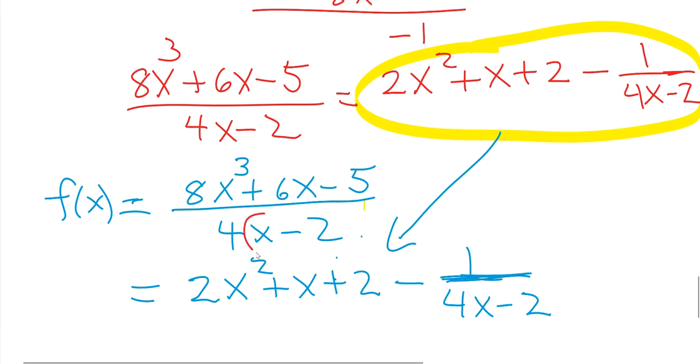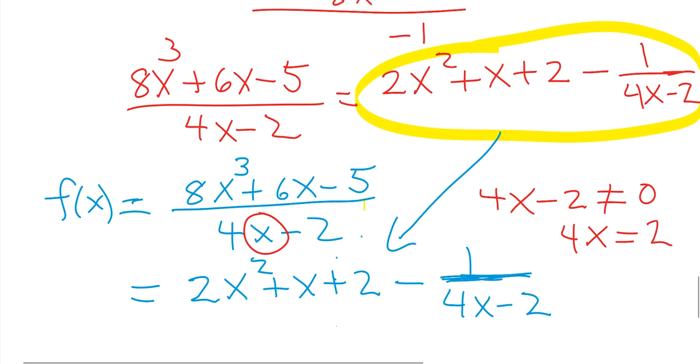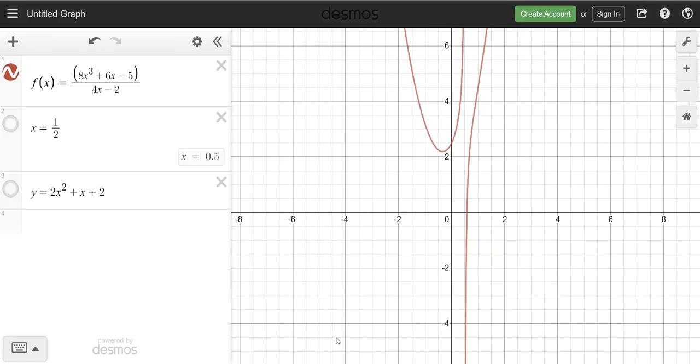Well, let me do this. 4x minus 2 cannot be equal to 0. 4x cannot be equal to 2. x cannot be equal to 1/2. If you look at the graph, notice if I put in x equal 1/2, that is an asymptote.